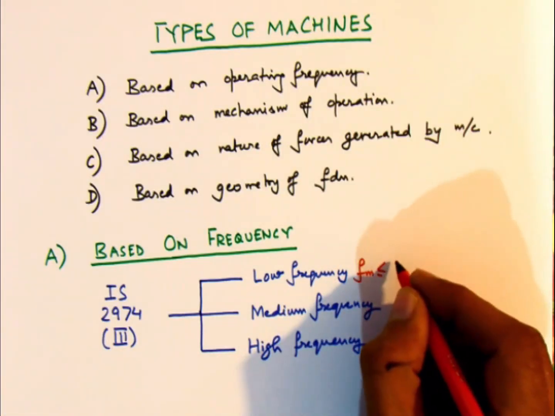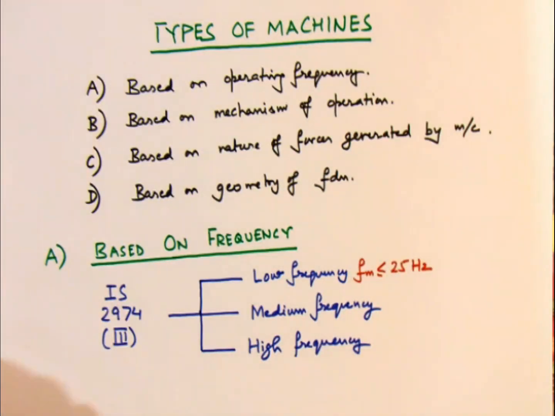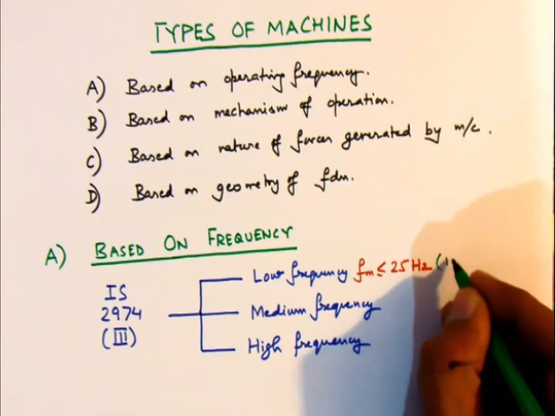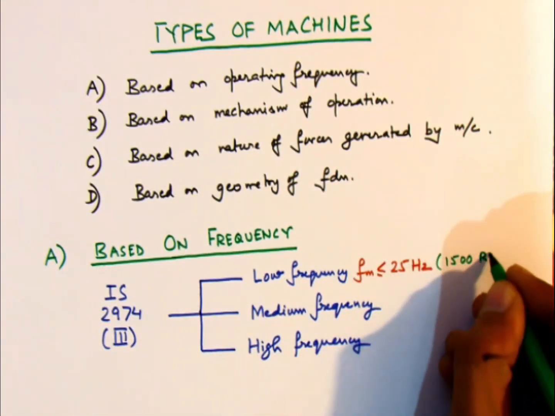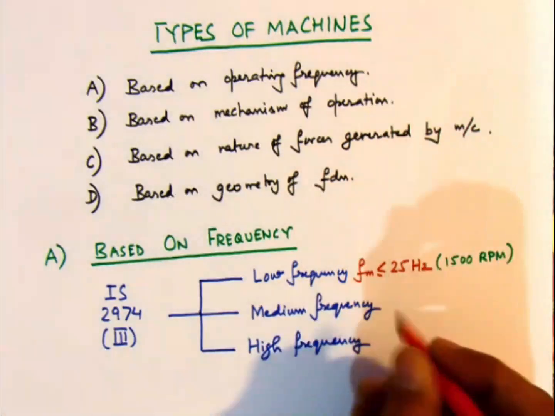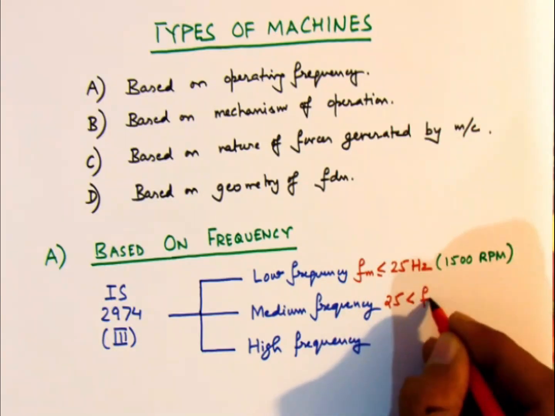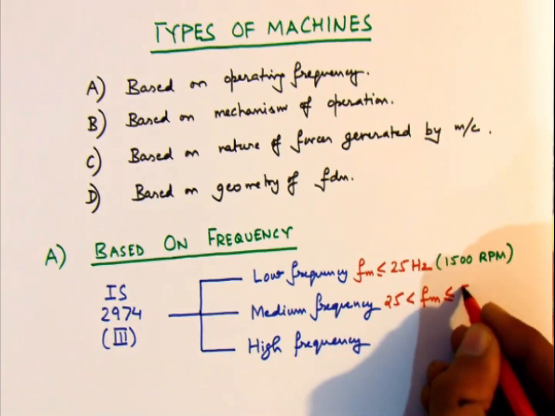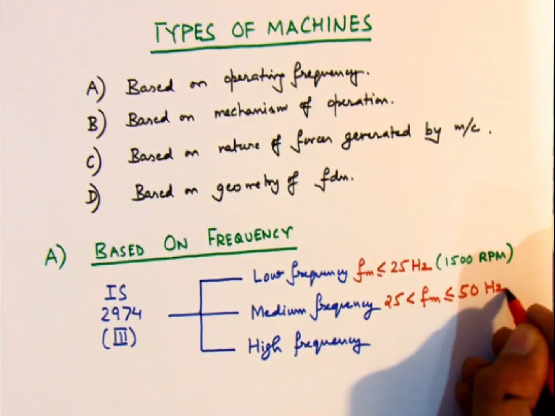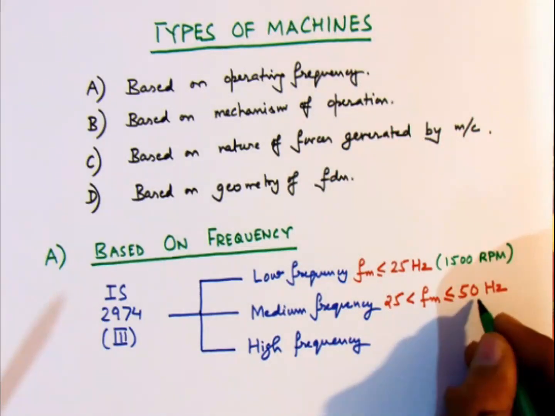So low frequency machines are those machines which operate at frequencies less than 25 Hz. That is up to 1500 RPM. Above 25 Hz and less than or equal to 50 Hz, the machines are classified as medium frequency machines.